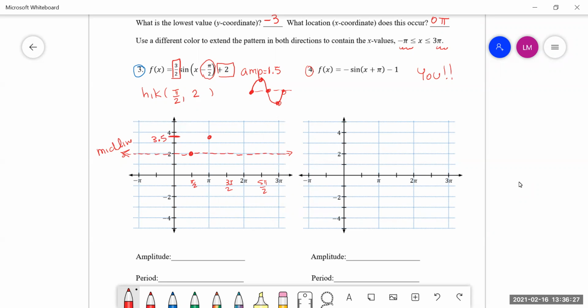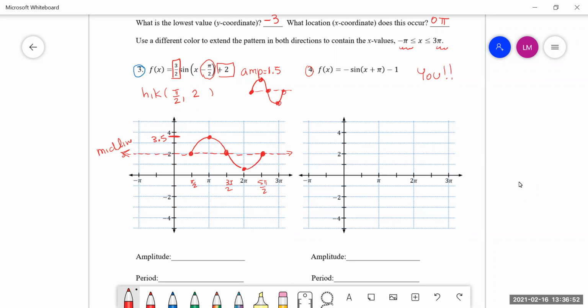That's 2 plus 1.5 makes 3.5. We come back to the midline. Then we move over and we go down 1.5, which is right here. And then we come back to the middle. We have 5 points. Look, quadrant 1, quadrant 2, quadrant 3, and quadrant 4.